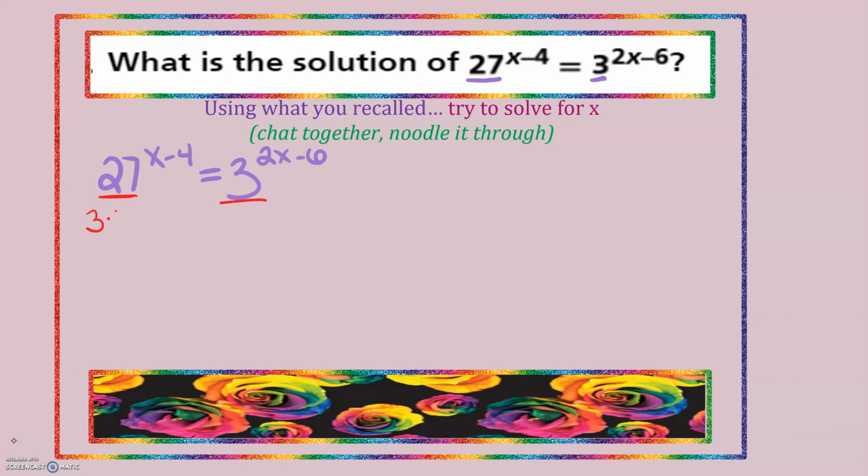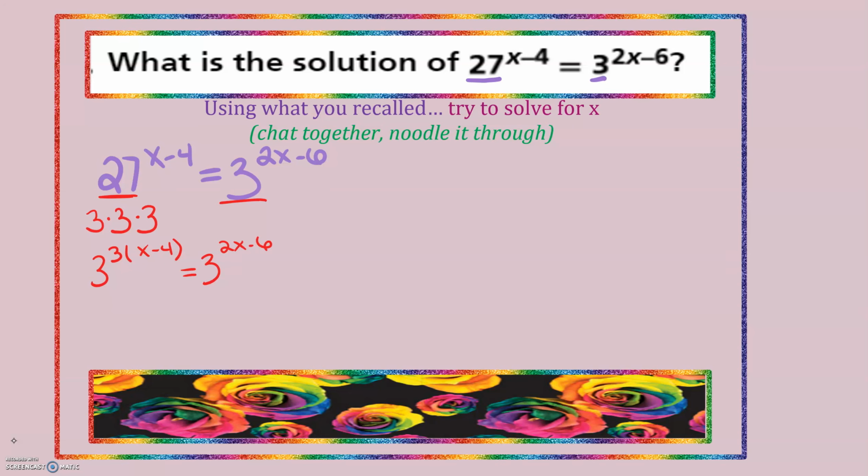If I did 3 times 3, that gives me 9. And if I did 9 times 3, that would get me 27. So what I'm actually saying here is that I have 3 to the third power is also 27. And then I need to write the rest of the exponent, x minus 4. This is going to equal, all 3 are 2x minus 6.